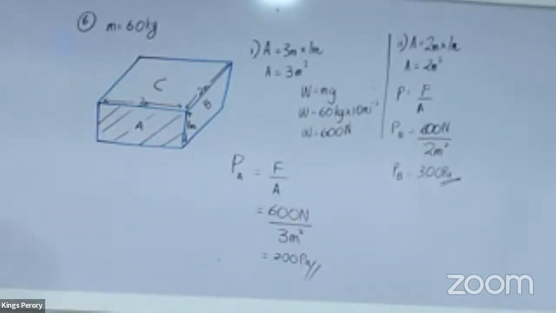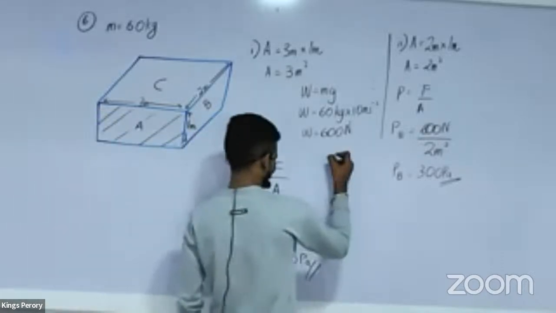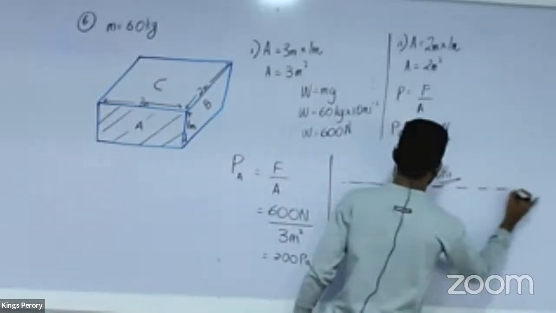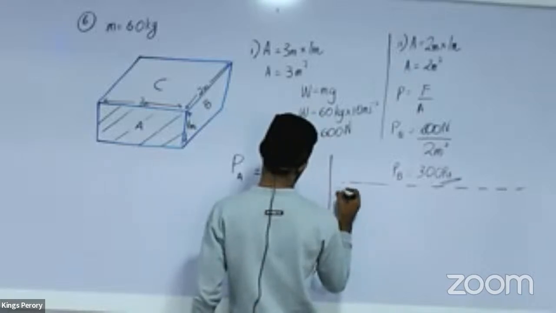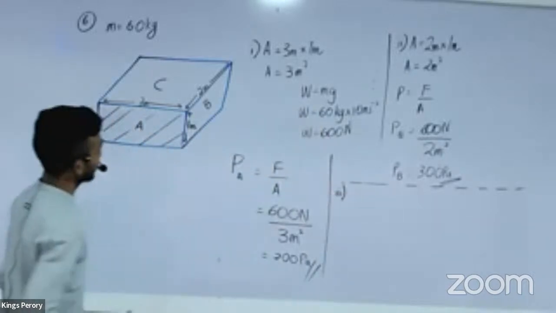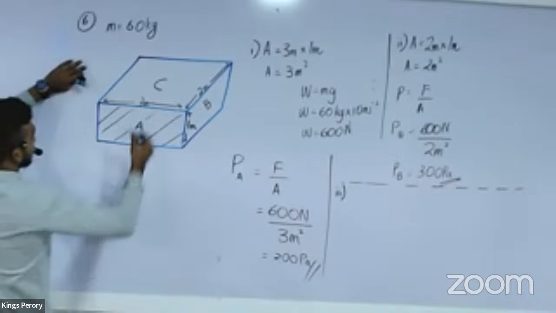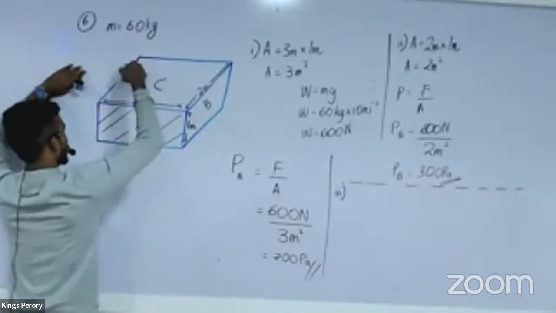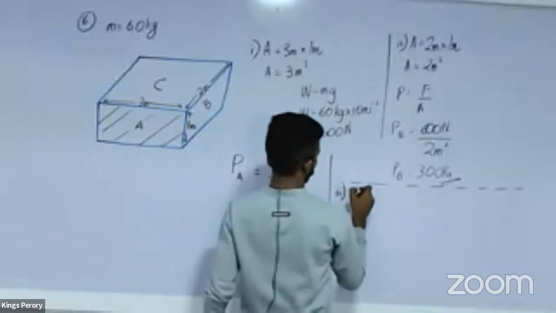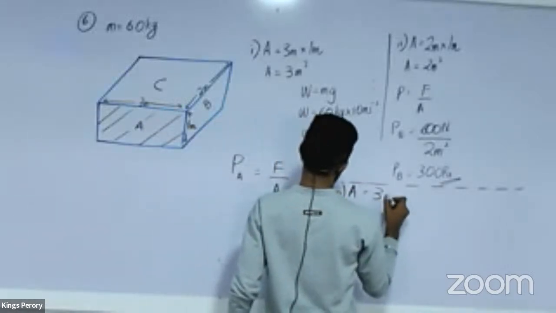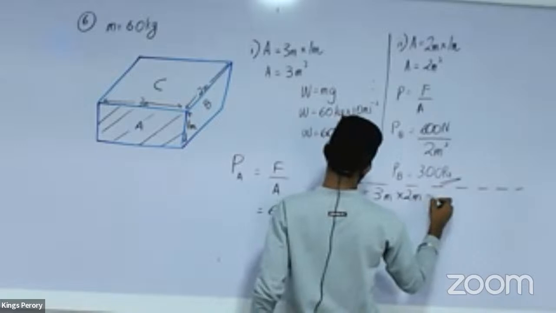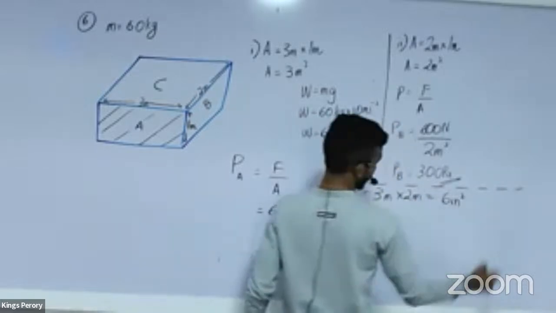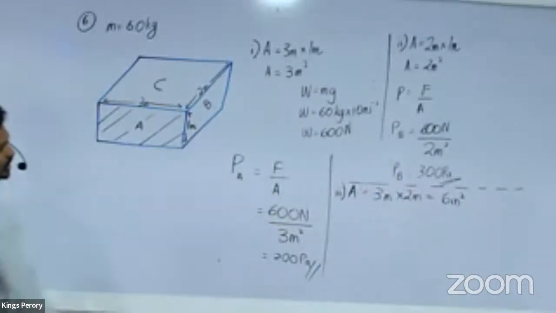Right. Roman 3. Roman 3 is C, no? C is this area. Tell me. 3 meter, 2 meter. What's the area? 3 meter into 2 meter. How much? 6 meter squared. Now just by looking, you can tell the pressure.